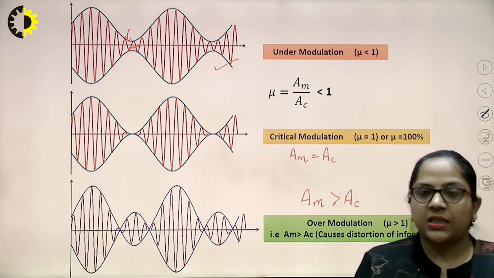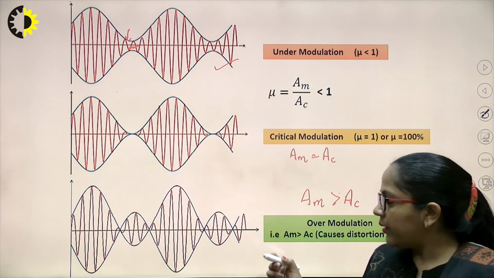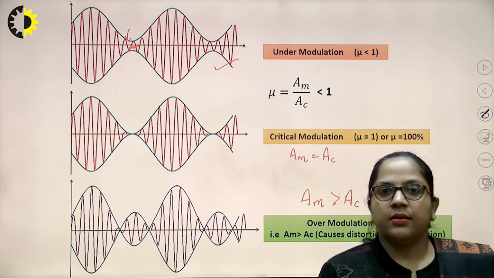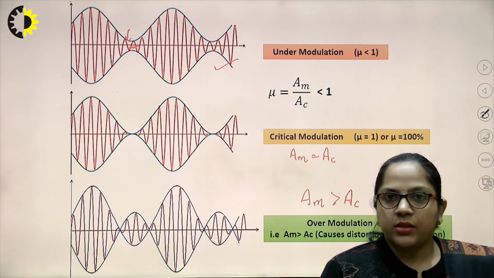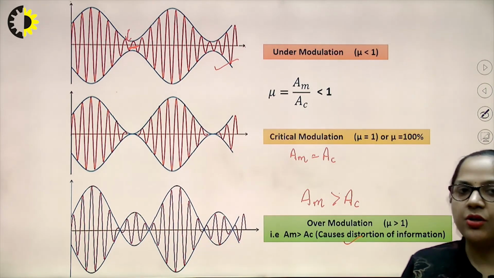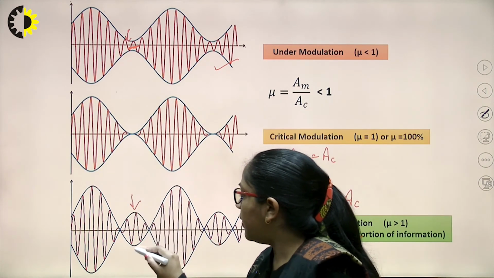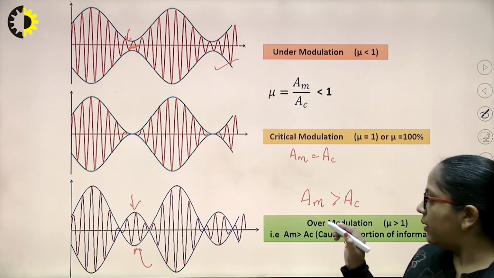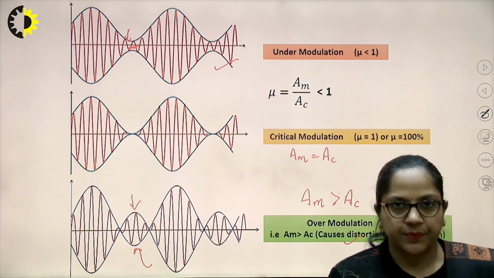A part of the message signal will not be transmitted properly, and we will have loss of information and distortion of the message signal. Here we will get other sidebands or phase reversal of the carrier signal. So, in case of over modulation, we get distortion of the information.